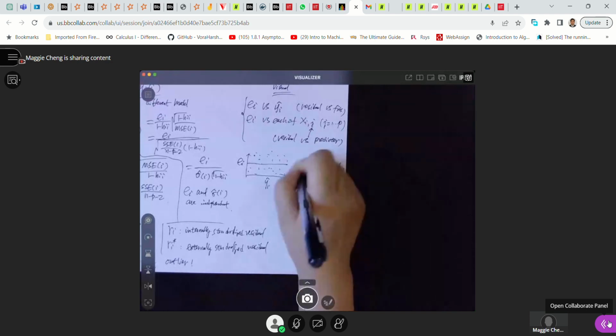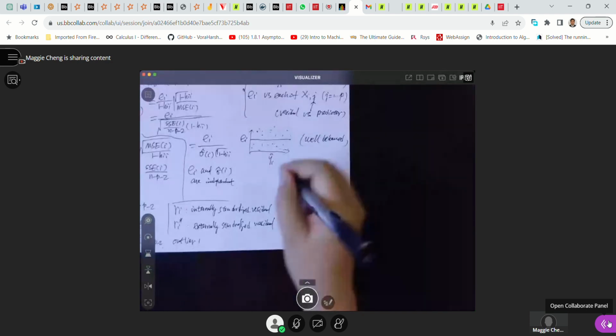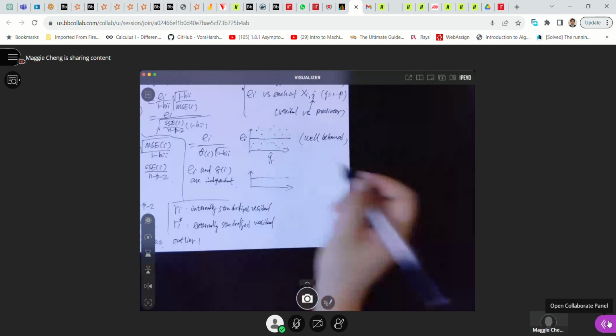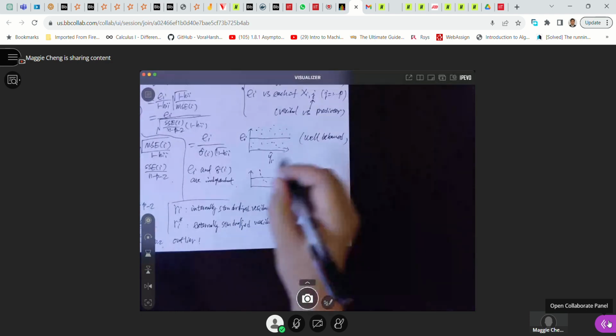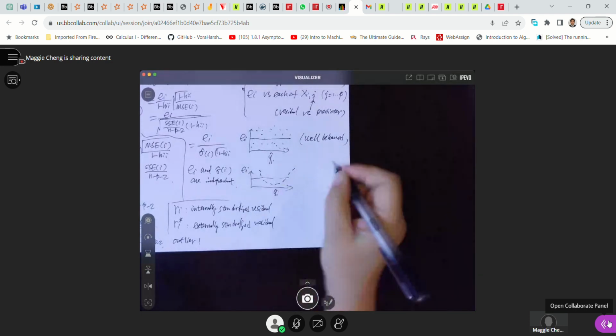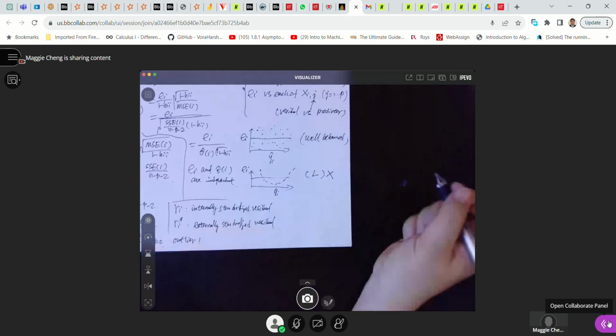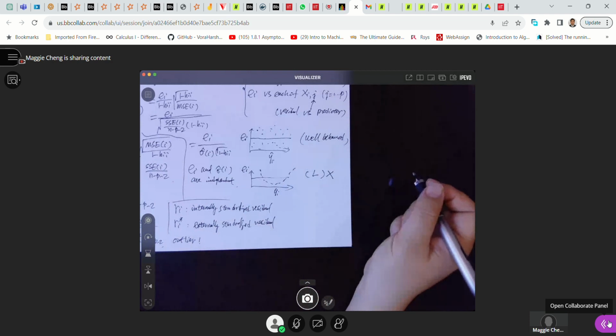If something is wrong, let's say you have a regression line that shows this is your ei equal to 0 line, but the points show a curve like this, still ei versus the fit y hat. This is basically a violation of L, the linear relationship.